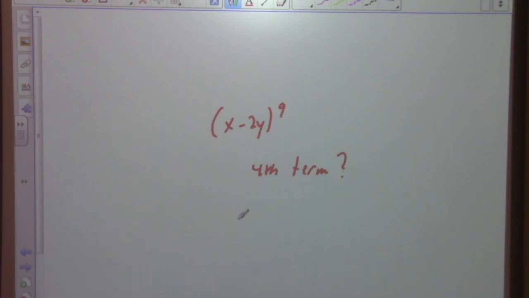Well, the 4th term you'd find by taking 9 choose 3. So 9 choose 3, that's what's going to happen.